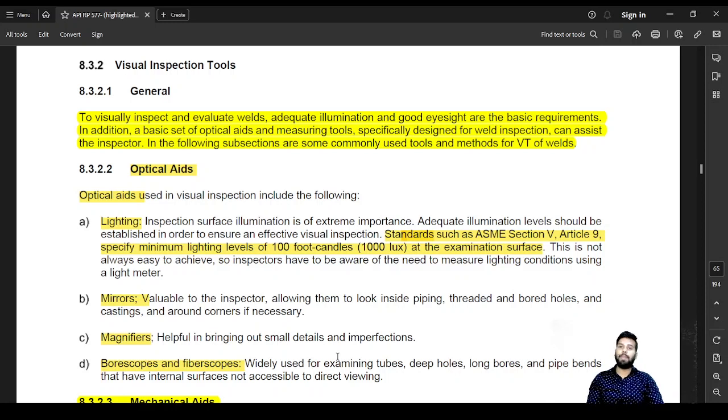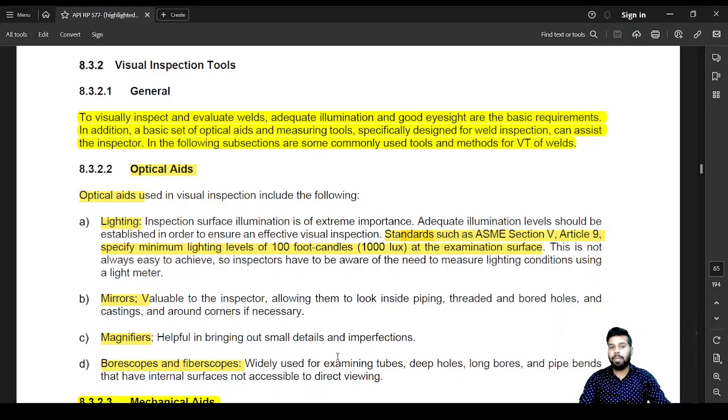So there can be n number of tools. Obviously these tools might be something like a mirror or a magnifying glass or a boroscope, but these will not help you to take any measurements. For measurements you require some mechanical aids such as vernier caliper, micrometer, different types of welding gauges can be used. So these are all the tools that are going to assist the visual inspector to see things clearly basically.